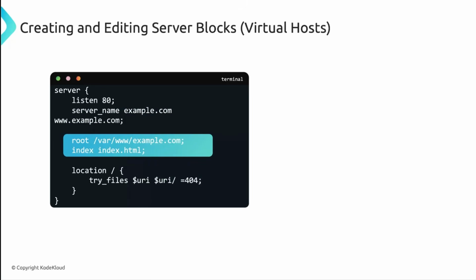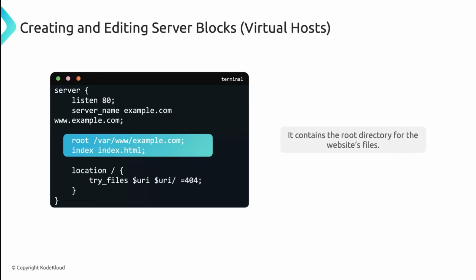Next is this root. This contains the directory where the website's files would be. So in this case, it's /var/www/example.com. This is the default directory where Debian-based distributions would store it.